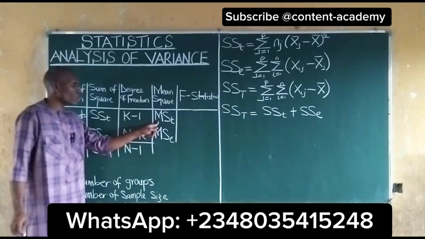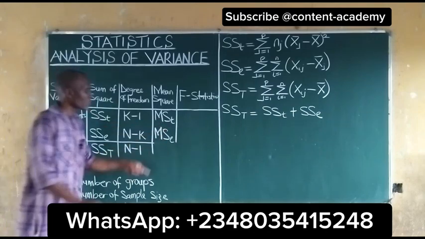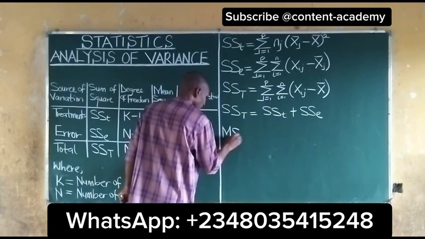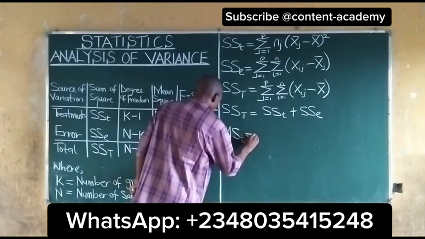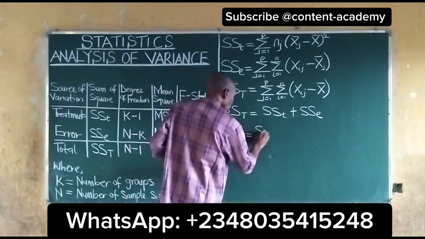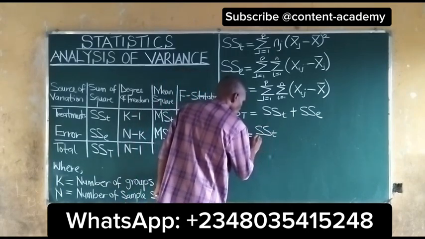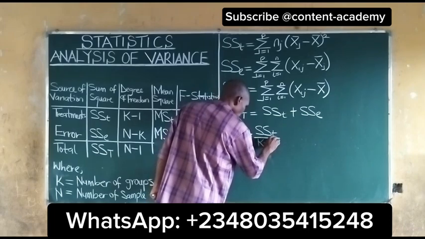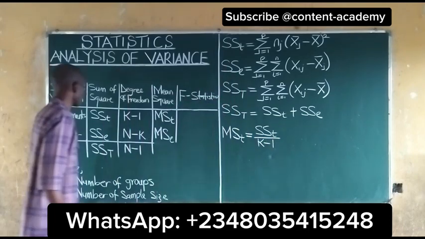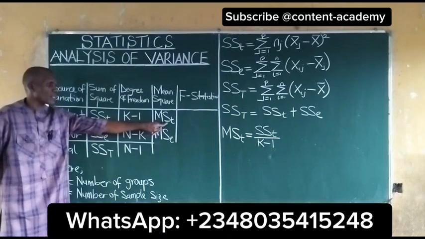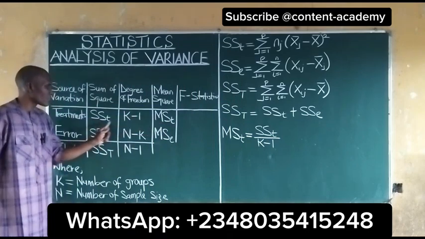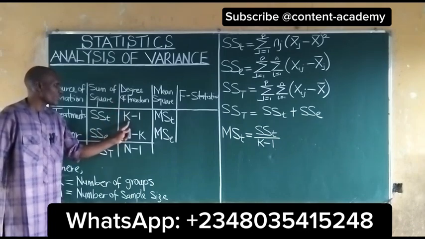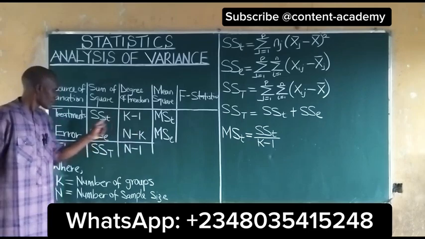Now, how about the mean square? The mean square treatment is equal to the sum of square treatment divided by the degree of freedom treatment.